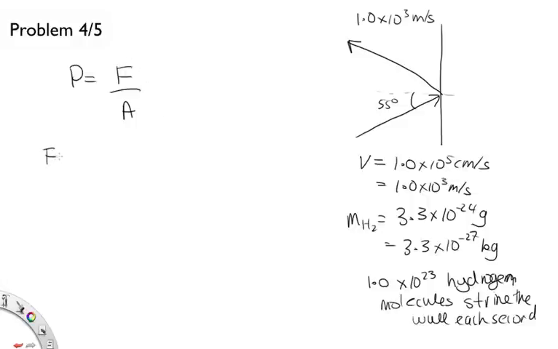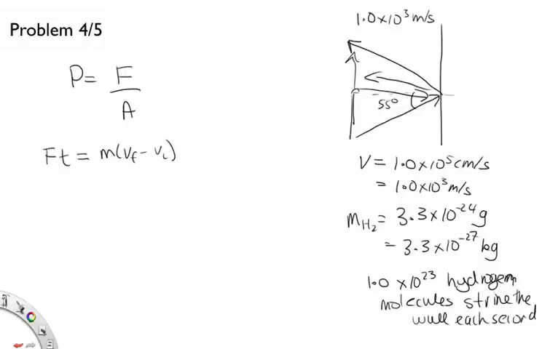Now, the impulse is equal to force times time, and it's also equal to the change in momentum. Now, as the molecules come in, the vertical component of their velocity is not changing, that's remaining constant. It's just the horizontal component which is changing. So this is equal to the V final minus V initial.